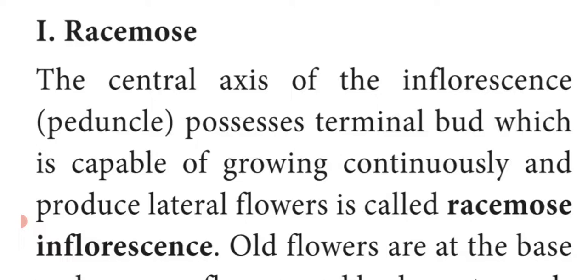So in this racemose inflorescence, how are the flowers arranged? See, in the previous paragraph we have seen, based on the position. What is the position? Terminal bud. Okay. Then how the flowers are arranged, that only we are going to see. Old flowers are at the base and the young ones are towards the tip.